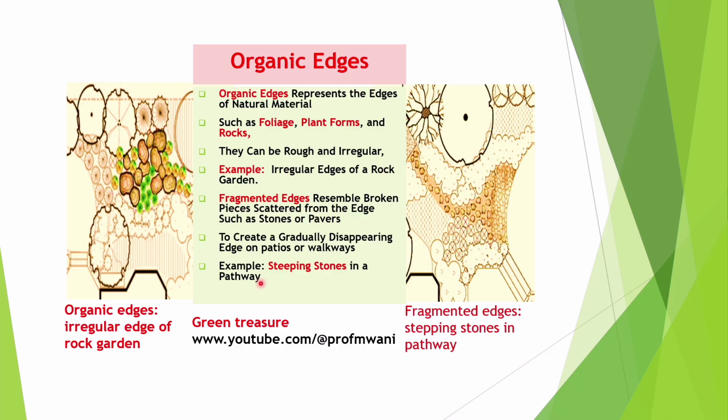So these are called organic edges. Organic edges can be foliage, a plant form, or rocks, and they are being used in a design which gives a look of almost organic natural lines. So this is how organic edges are also used in a design.